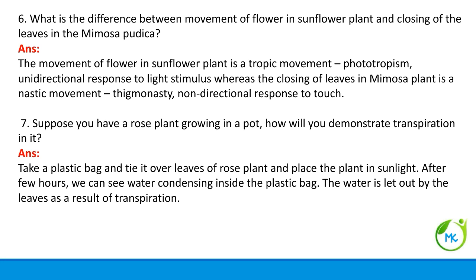This is the basic difference. Let's see in detail. The movement of the flower in the sunflower plant is a tropic movement. What tropic movement? Phototropism, a unidirectional response to light stimulus. Whereas the closing of the leaves in the Mimosa pudica plant is nastic movement. What kind of nastic movement?